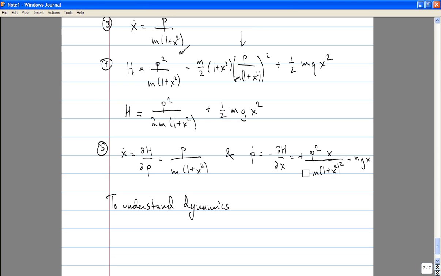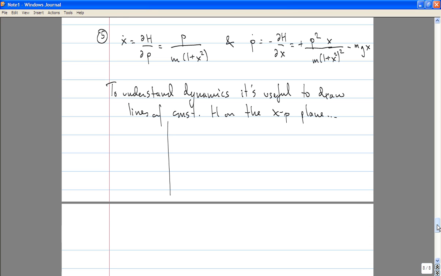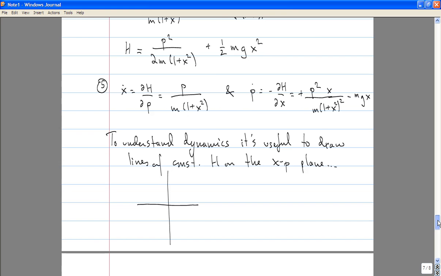So it's useful to draw the lines of constant H on the xp plane. So, for example, in this case, what was the Hamiltonian? The Hamiltonian was p squared over 2m times 1 plus x squared plus 1/2 mgx squared.